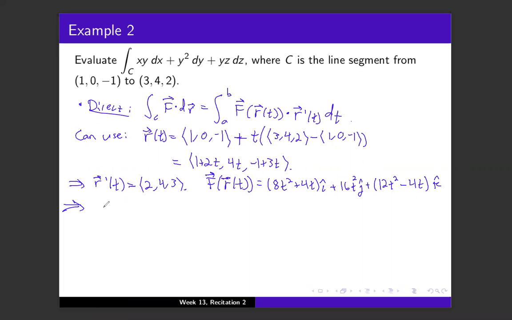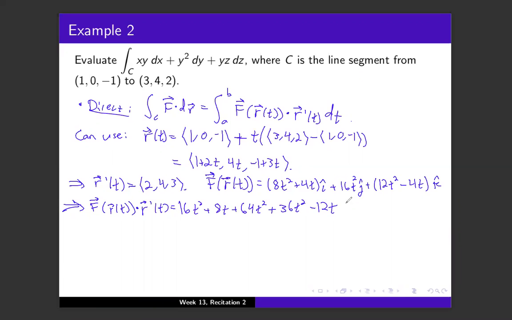And now you take the dot product. What does the dot product give you? The dot product is going to give you F of r of t dotted with r prime of t. That's 16t squared plus 8t plus 4 times 16 is going to be 64t squared plus 36t squared minus 12t.